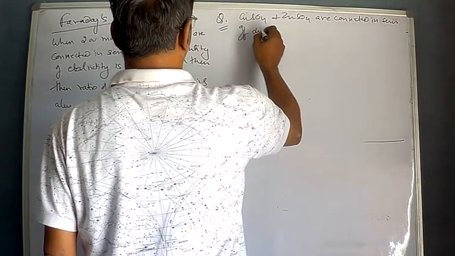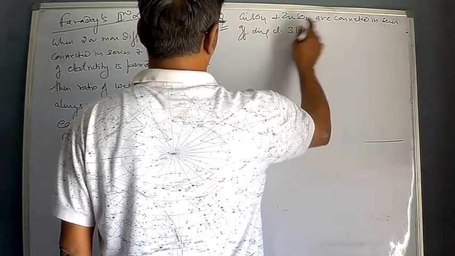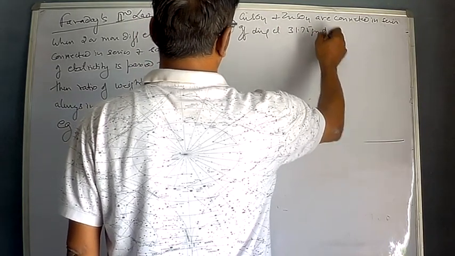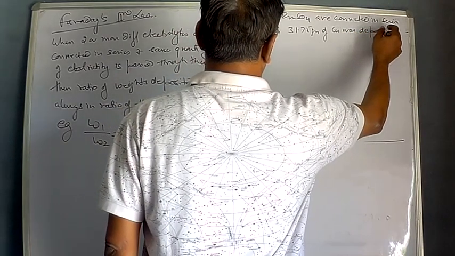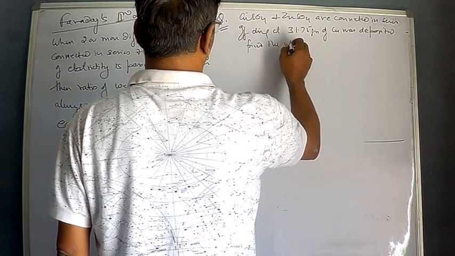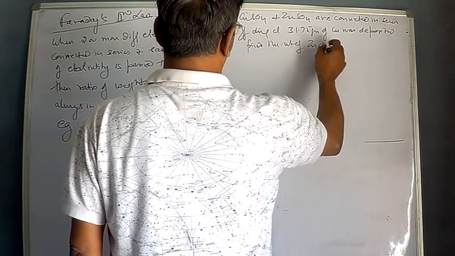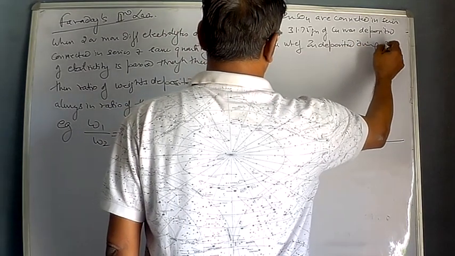If during electrolysis 31.75 gram of copper was deposited, find the weight of Zn deposited during the same time interval.